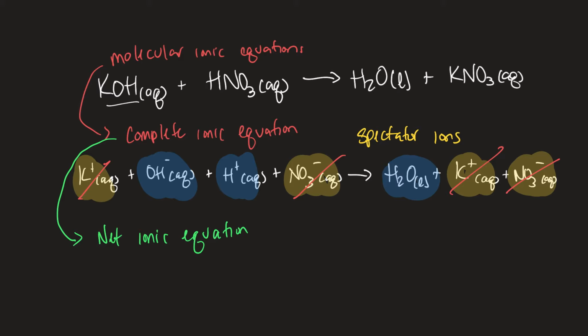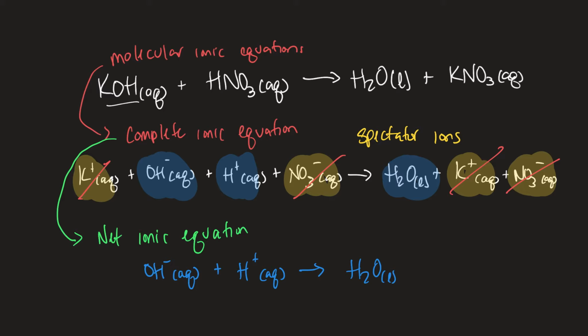We rewrite this, and this is the net ionic equation: OH negative aqueous, the hydroxide ion, plus the hydrogen ion produces water. This is the actual chemical reaction.